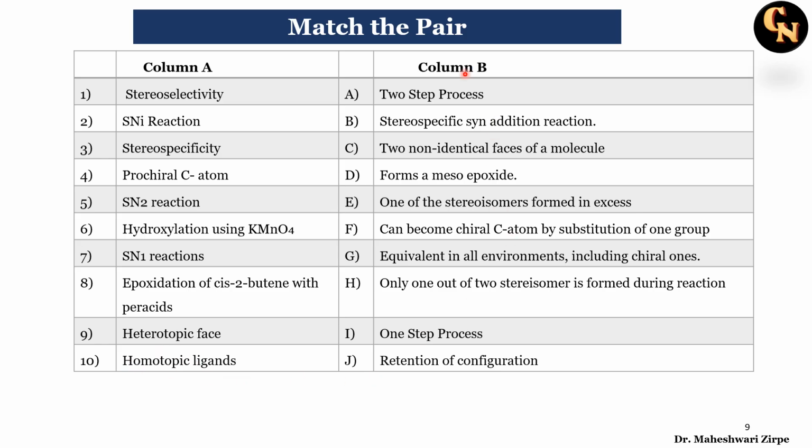So here the options are given, we just have to find out the correct option. Okay, so you can just pause the slide and video and try to find the correct answer for each one. I can give you 2 seconds to find out stereoselectivity, what will be the answer, then prochiral carbon, what are the answers. Okay, so you can have 2 minutes and then we can go to the answer.